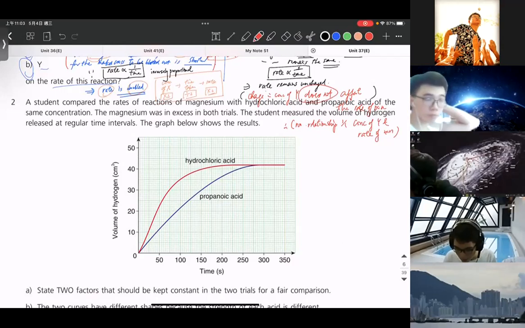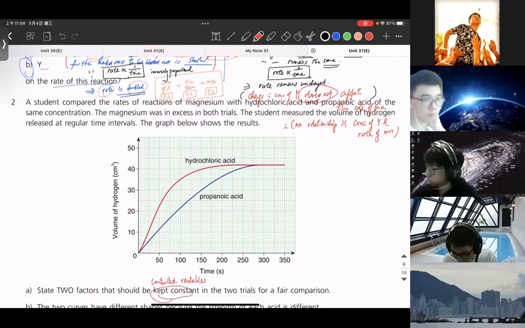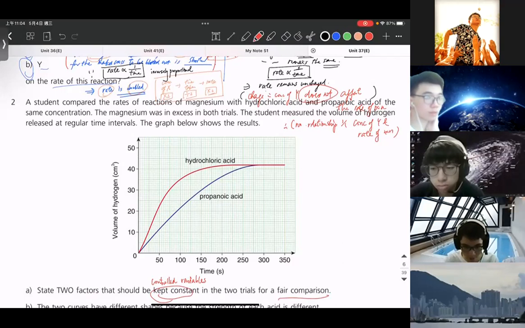For part A, state 2 factors that will be kept constant. So they are asking for the controlled variables in this experiment, in the two trials, for a fair test, right? So what should it be like?